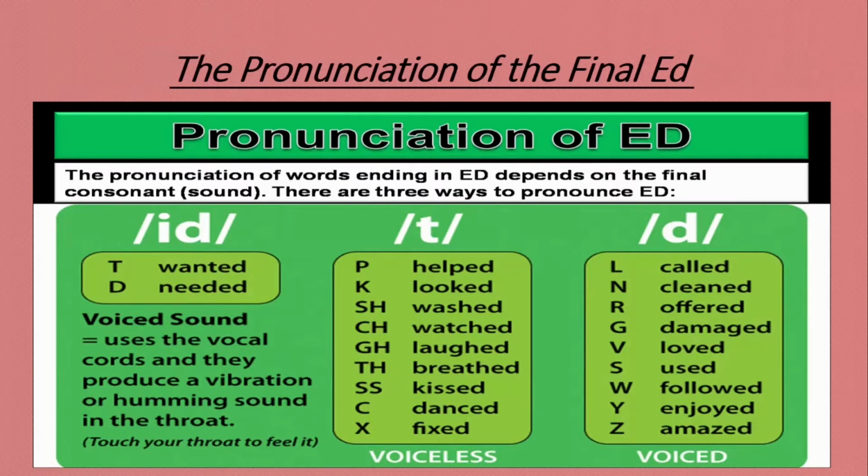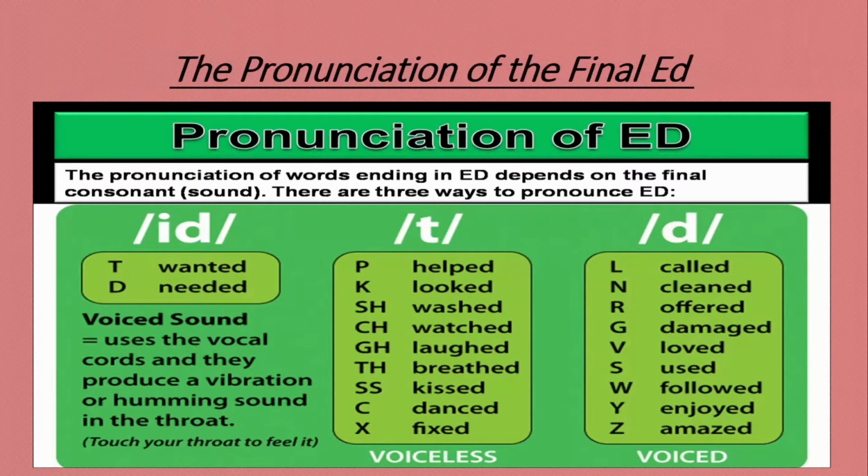Simply, here we are talking about consonant sounds, not letters. And I mean by consonant, what do we hear at the very end of the verb? So if the base form of the verb ends in the consonant t, that is the letter T, or d, that is the letter D, pronounce the ed final as id, like when you say want, wanted, need, needed, and so on.